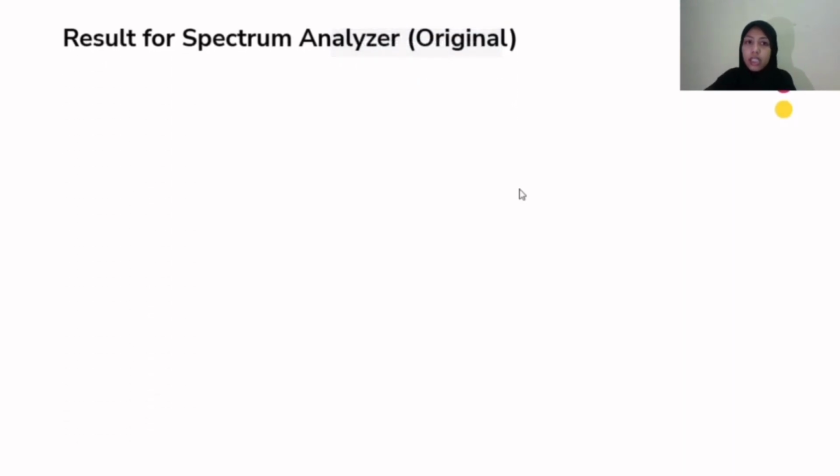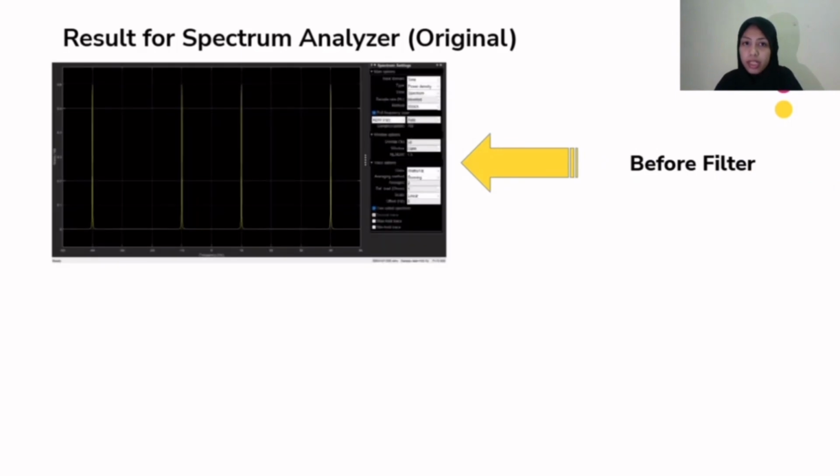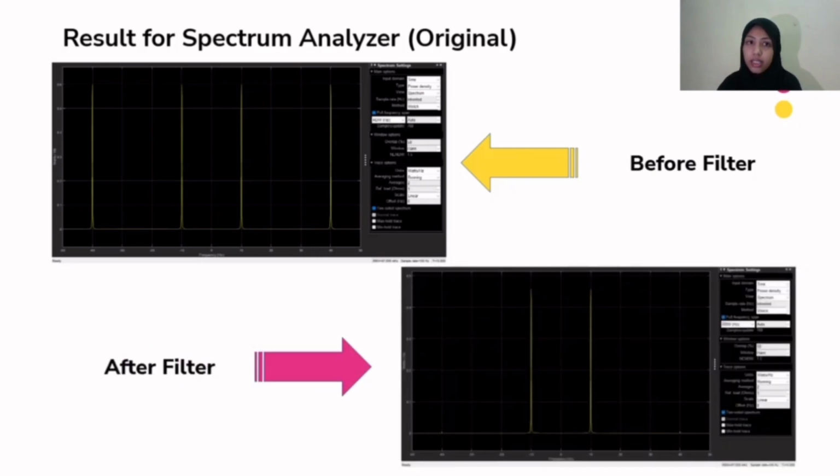This is the result for the spectrum analyzer for the FIR filter, the original part. This is the graph before the filter, and this is the graph after the filter for the spectrum analyzer.